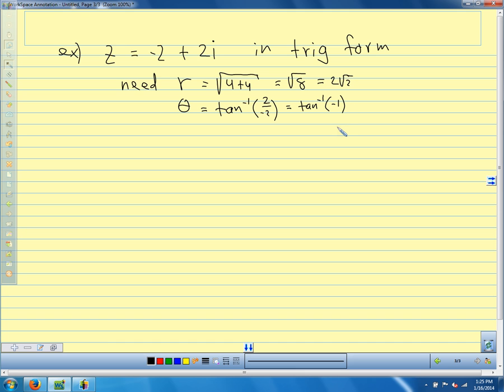And what quadrant do we want our angle in? Second. We want it in the second quadrant, since our real part is negative and our imaginary part is positive. So that puts us over here and up here, in the second quadrant. So we want a second quadrant angle. In the second quadrant, what angle has an inverse tangent of negative 1?